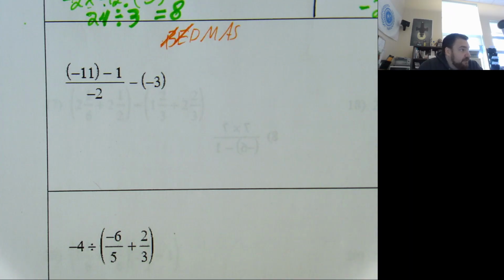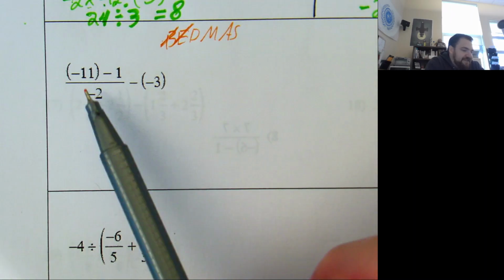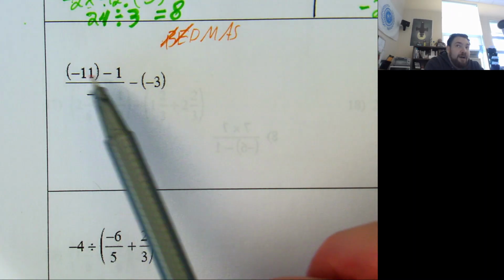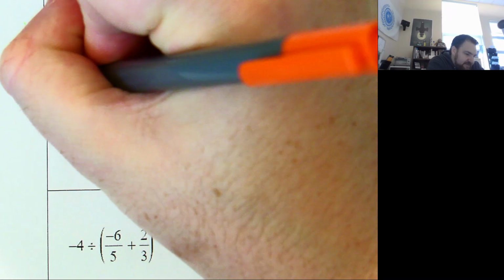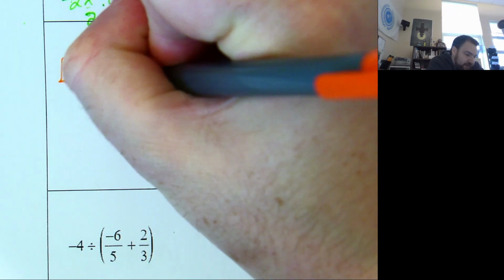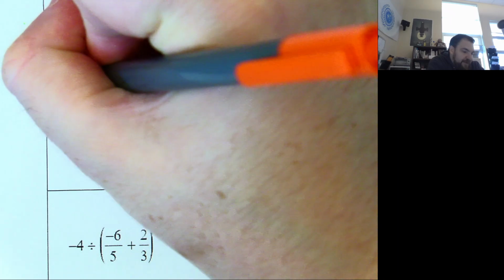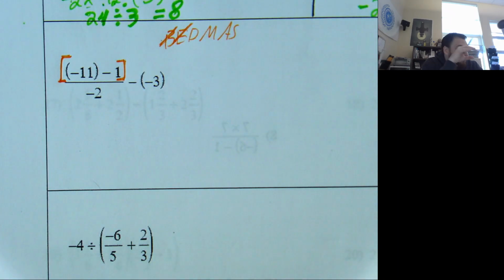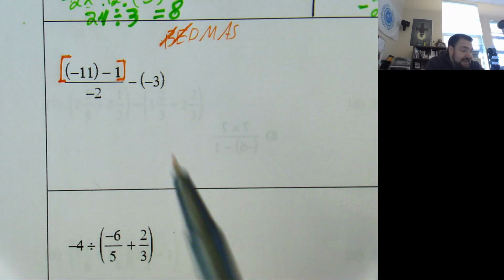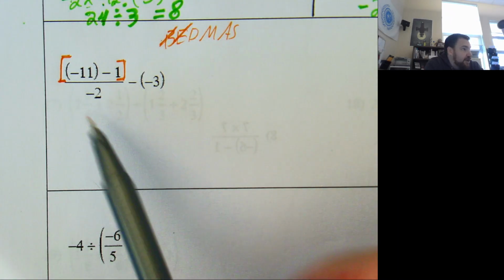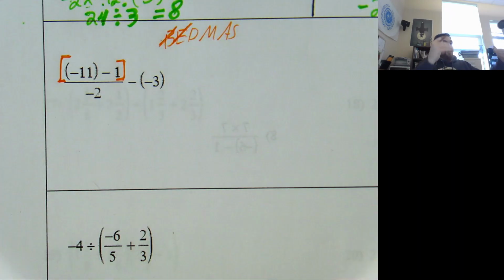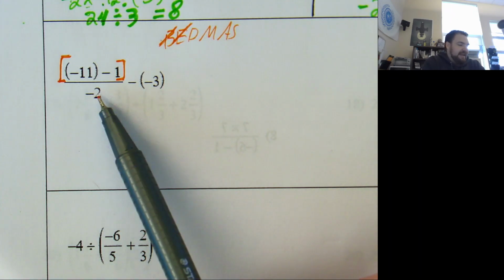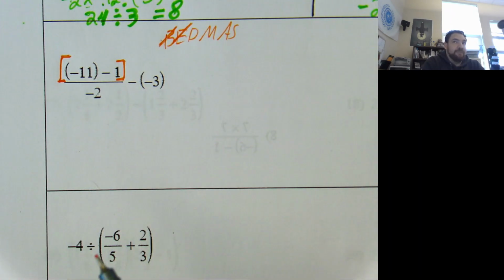When you have multiple operations inside a numerator, you need to treat that as if there were brackets around the numerator and deal with everything going on in the numerator first. The same is true if we've got a bunch of stuff going on in the denominator. Whether it's the numerator or the denominator, do all the math inside that area first, and then you can apply the other piece.